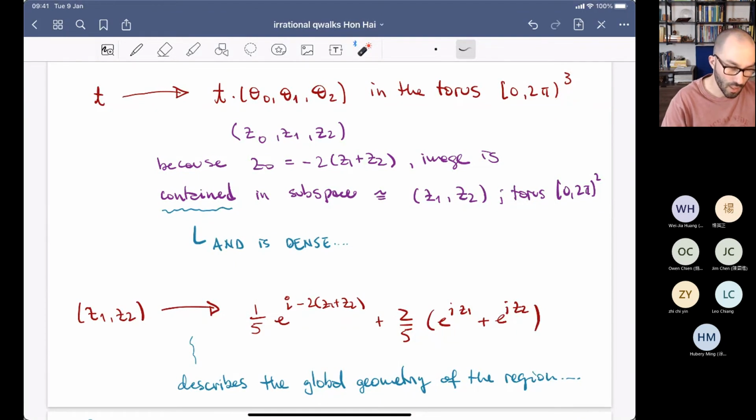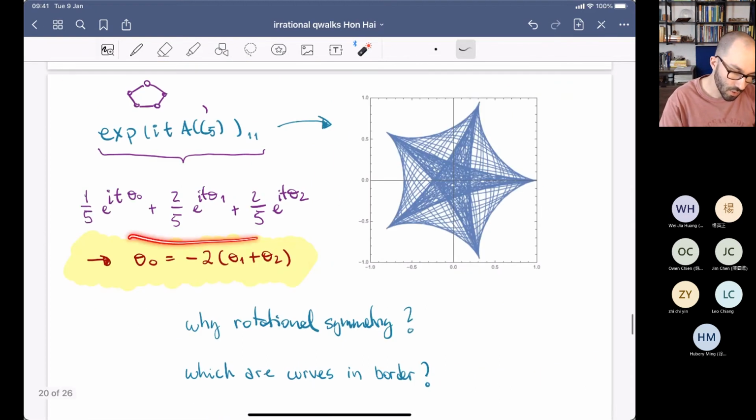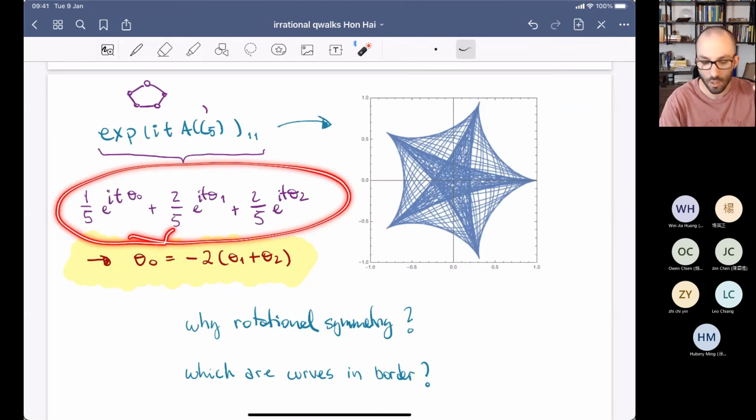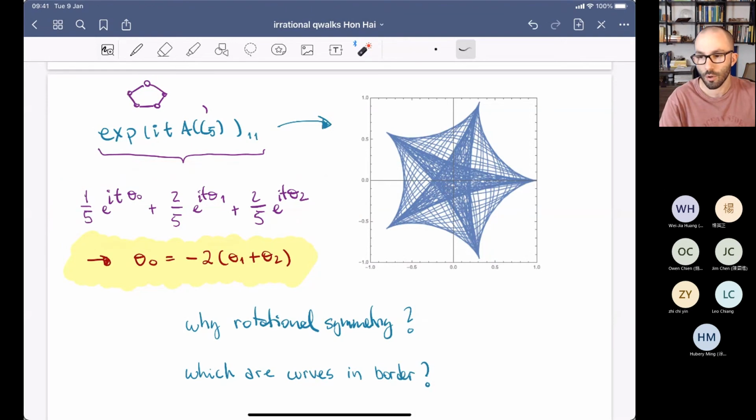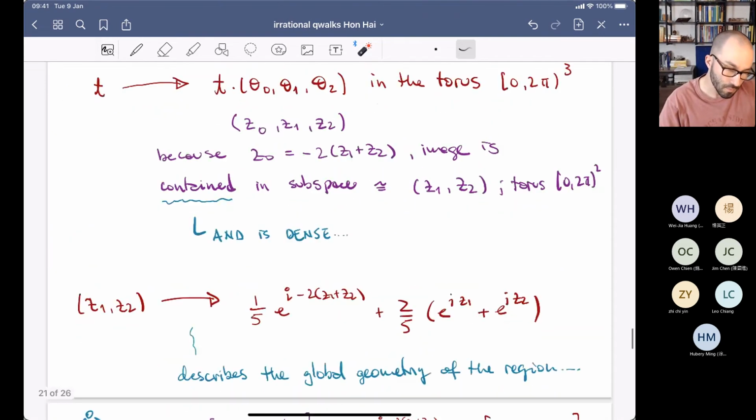And then you have a curve in your torus. You start with t, you multiply t by these 3 numbers, and then you're mapping these to a torus, and then by means of this function, you're mapping this curve in the torus to the plane. It's like you start with a real number in an interval, you go to the torus, you have a curve, and then you squish this curve onto the complex plane. Okay?